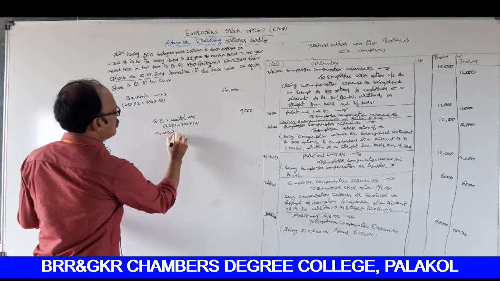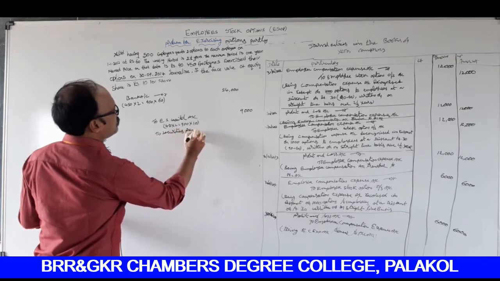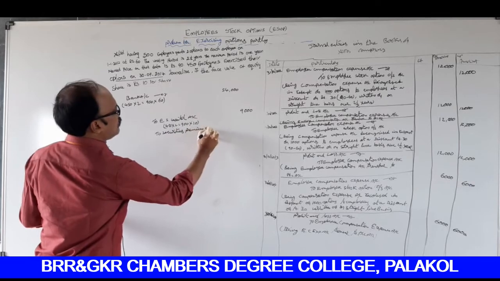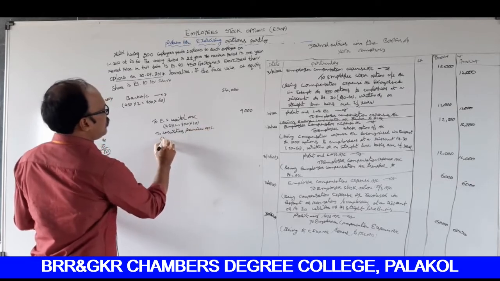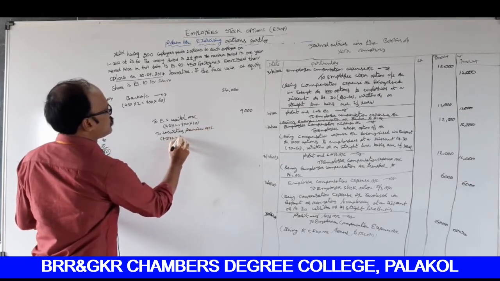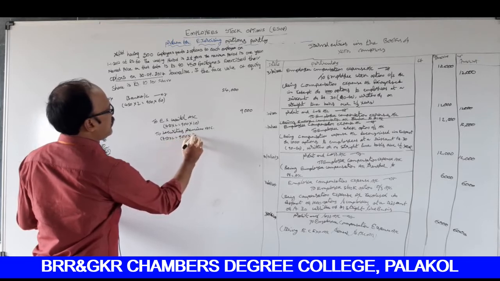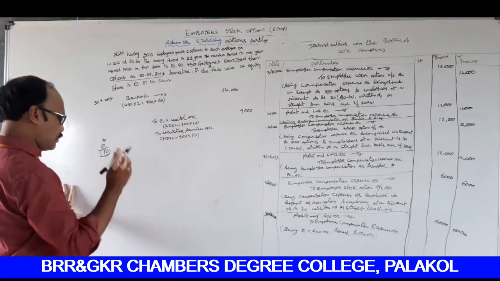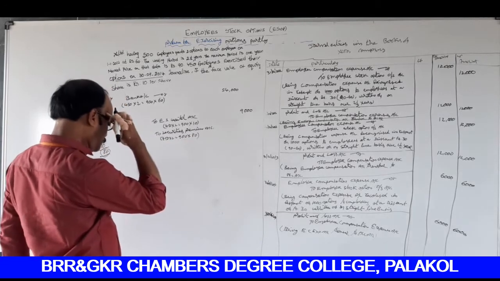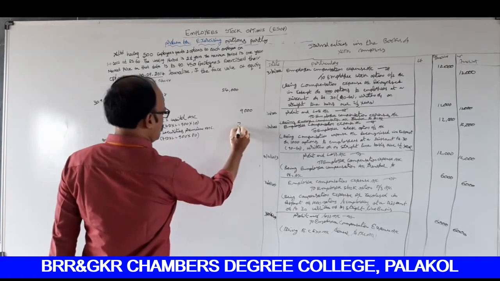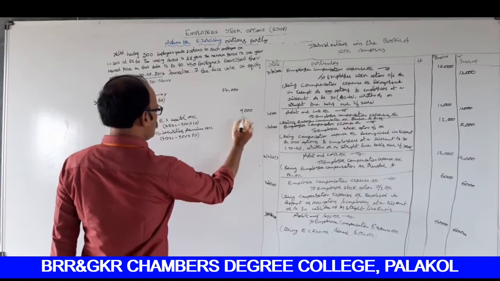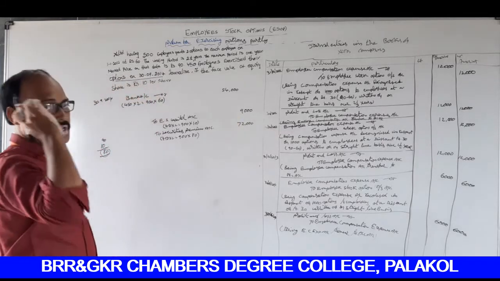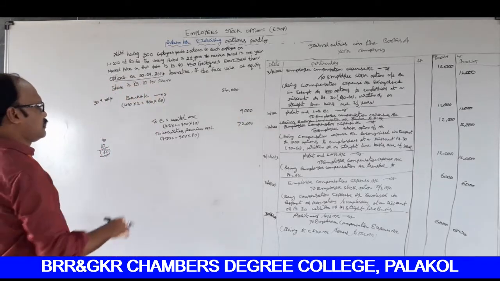That is equal to, to securities premium account, 900 options at 80 rupees premium amount. Okay, 72,000. Okay, 72,000.